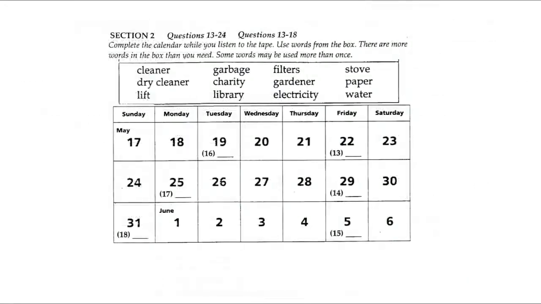Section 2. You are going to hear a tape recording of instructions and advice which a woman called Martha has left for her friend John, who is coming to stay at her house and take care of it while she is away. First, look at questions 13 to 18.